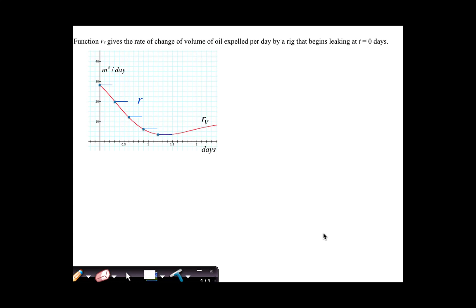So what this allows us to do is pretend that we have a rate function that has just 1, 2, 3, 4, 5 different constant values. In reality, it's blending from one to the next and so on. But using these 5 constant values, I could figure out just about anything I wanted as an estimate, not a great estimate, but an okay estimate during the first 1.5 days of this oil spill.